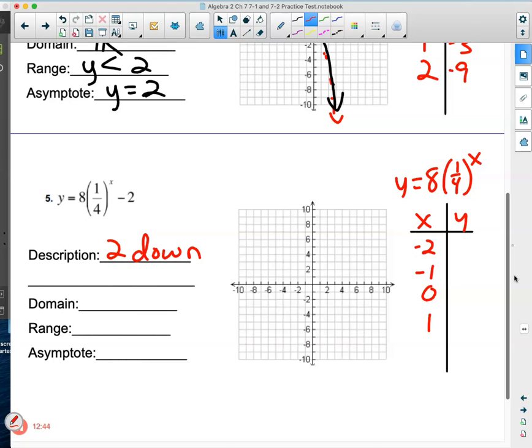Alrighty, with a negative 2 up there, we're going to see we have to flip it, which makes it 4, square it, which is 16. 16 times 8, wowzers. I don't know about you, but I don't see 128 up there anywhere. Give me something to aim at.